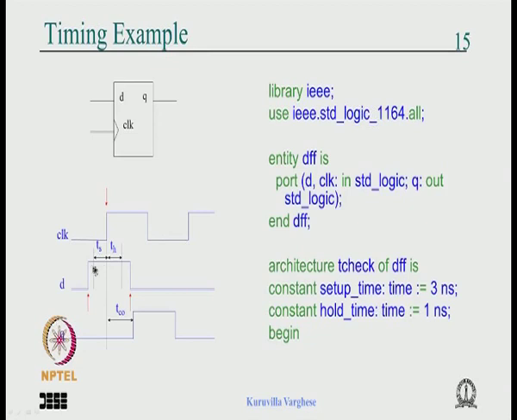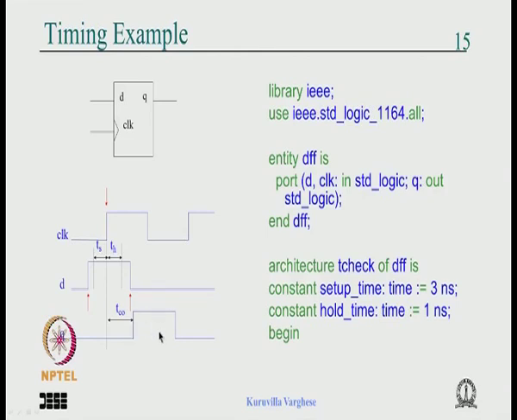It should be stable during this window, and this time after the clock edge is called hold time. That means you hold the value at the input, and the time before the clock edge is called setup time. That means you set up the data before some time. Now if that happens, the Q appears at the output with a delay of TCO.